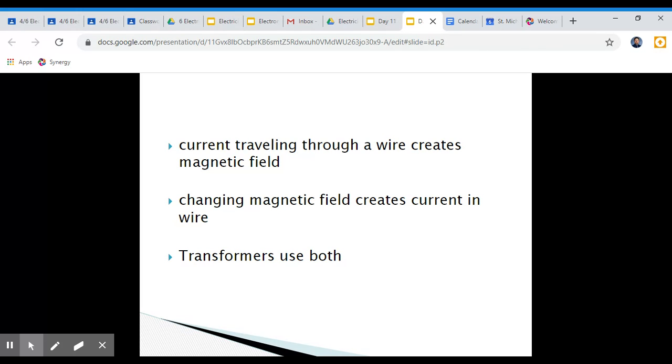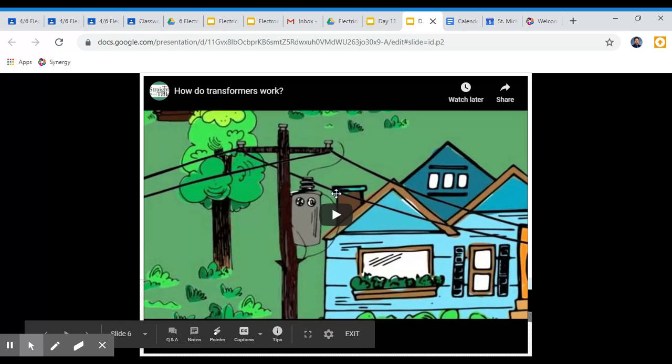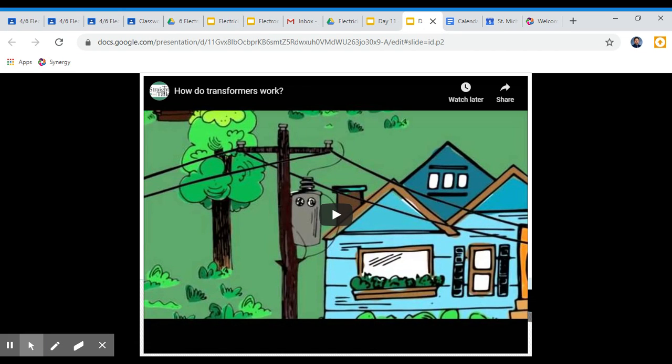And then from there, that magnetic field induces current into a next set of coils in a wire, right? There's a really good video that I have here that shows exactly what that is. It is linked onto your Google Slides. If you could go ahead and watch that, that would be awesome. And then you can resume this video.